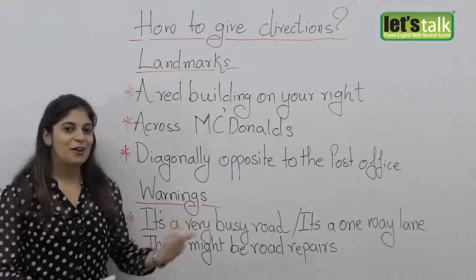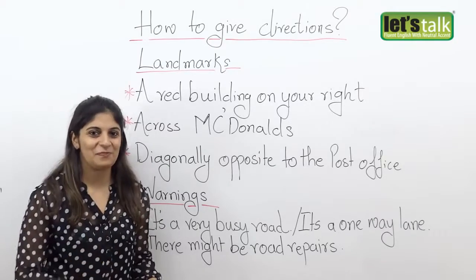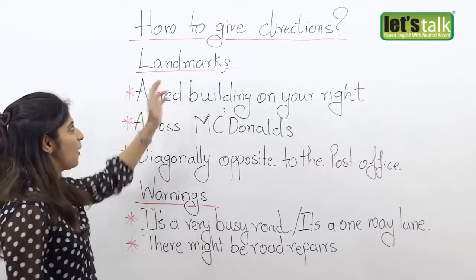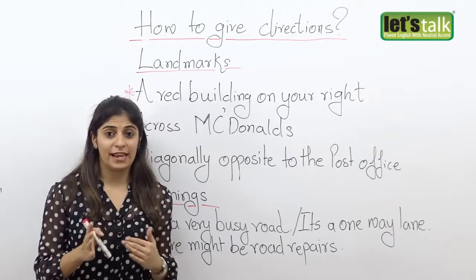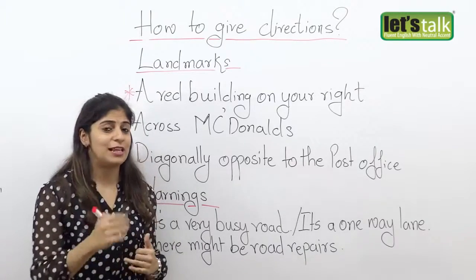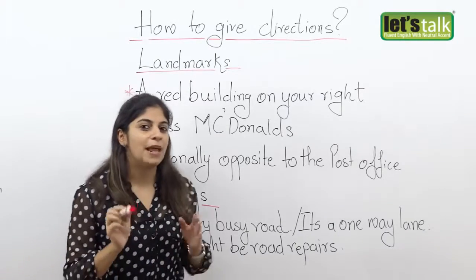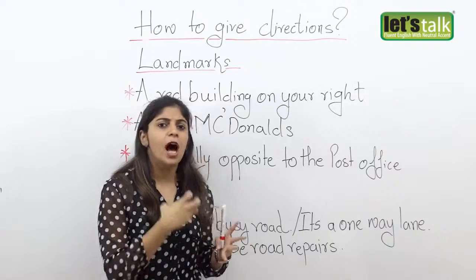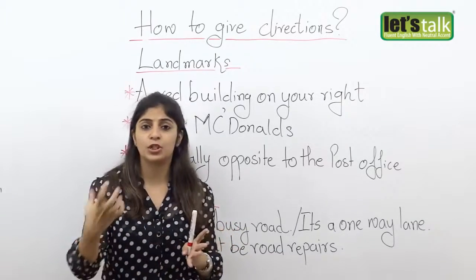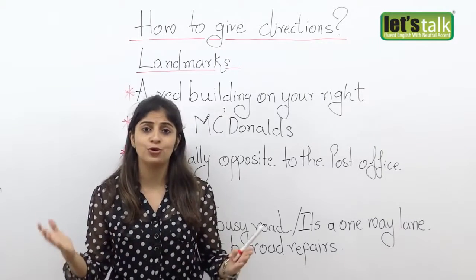Now here are some more things that would help you to give out the directions in a better way. We see here landmarks. Use landmarks that would give a better idea and help the person get to their destination. So what are landmarks? Landmarks are basically famous places, for example a movie theater or McDonald's or a commercial building, which is commonly known to everybody.